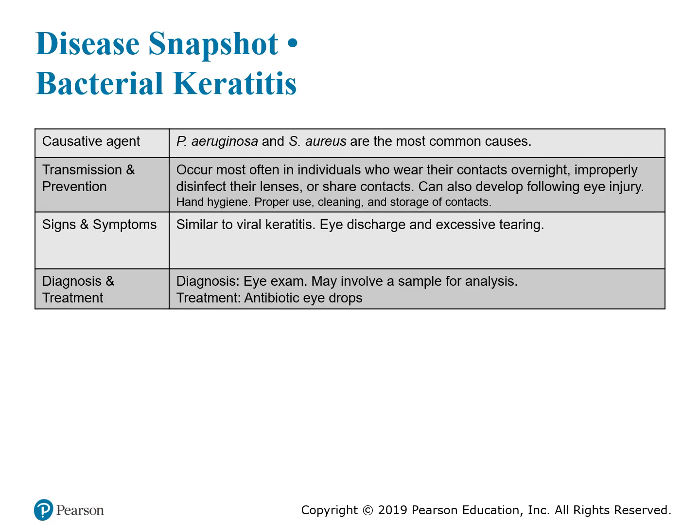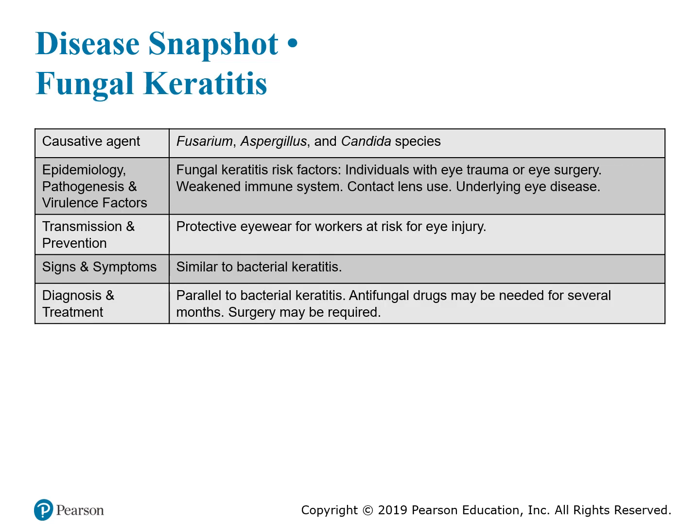We have bacterial keratitis, which can be caused by Pseudomonas or Staph aureus. And again, contact lens use is usually what's associated with this type of infection. Fungal keratitis can be caused by Fusarium, Aspergillus, or Candida.